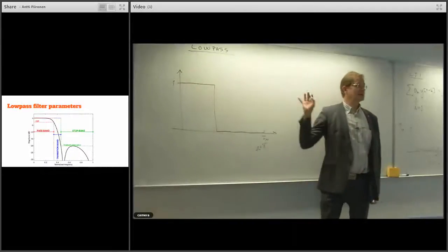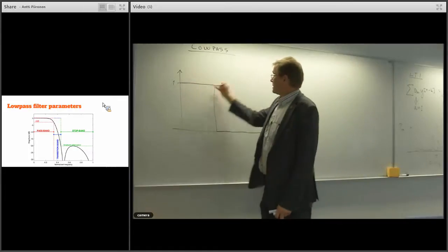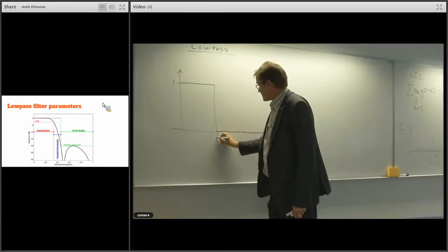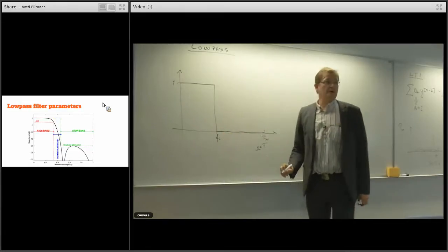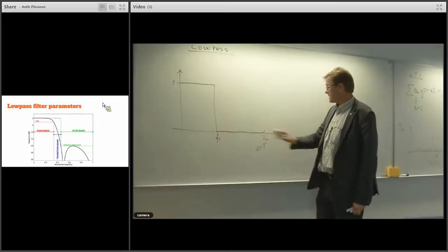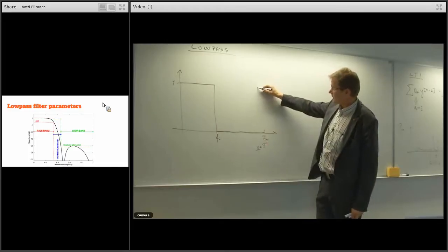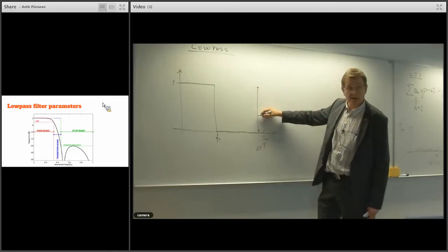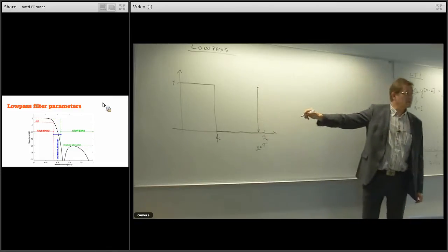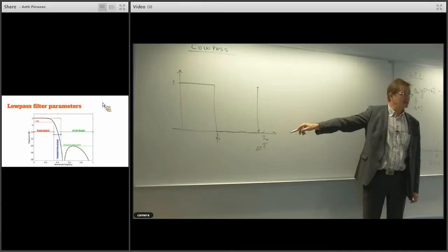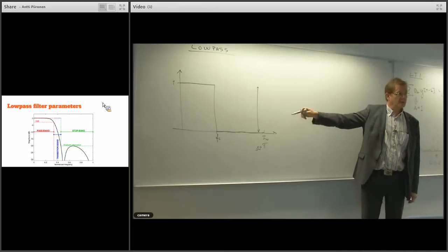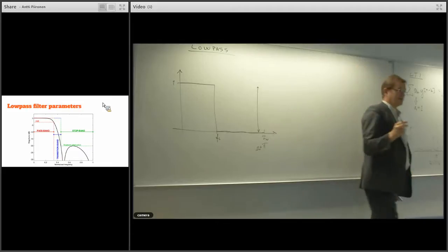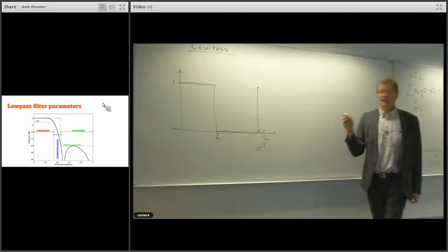It passes all the signal in the pass band, and then after some cut-off frequency or corner frequency, the signal goes down to zero. This one here would be attenuation, and usually in decibels. Zero in linear scale means minus infinity decibels. So an ideal low-pass filter has infinite attenuation in the stop band.